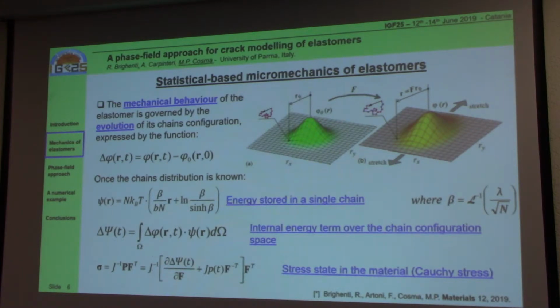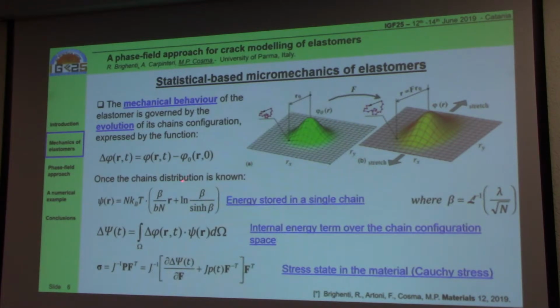The mechanical behavior of the elastomer is governed by the evolution of this function, which evolves according to the stretch applied to the material. We can see here the probability distribution function in the deformed state, and when we stretch the material, there is an elongation of this function, obviously in the direction of the stretch.